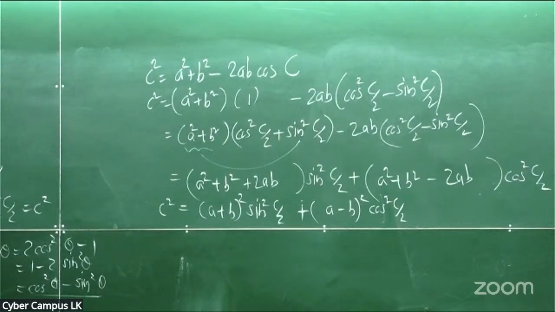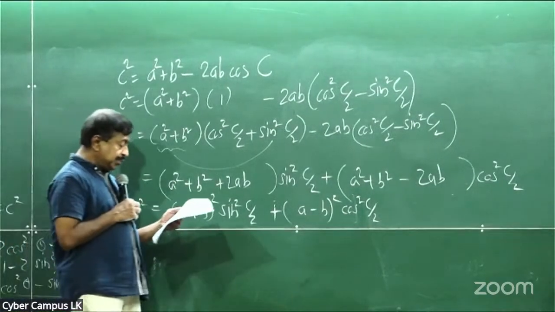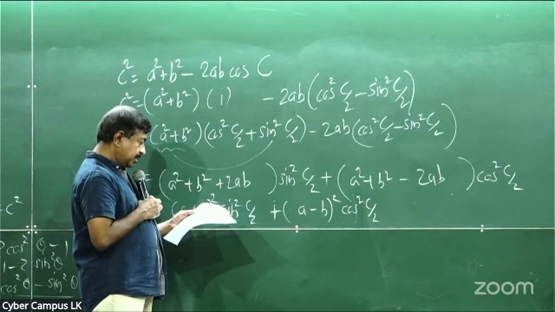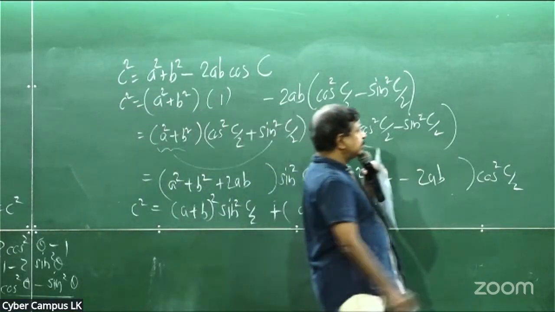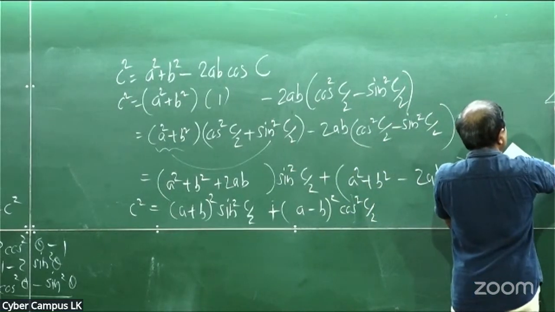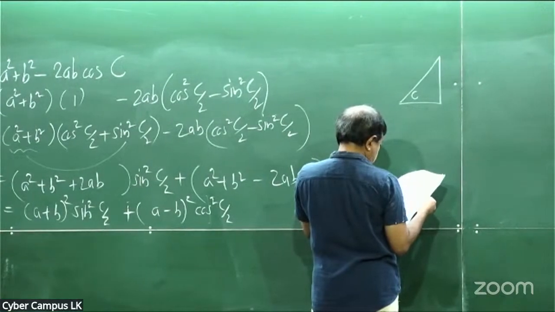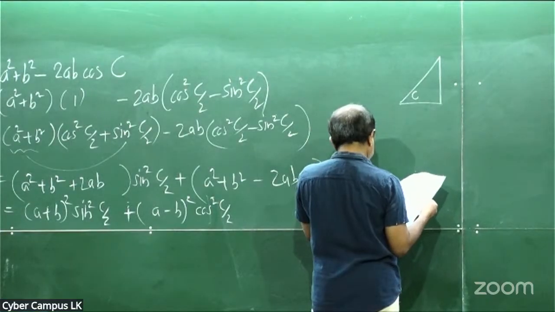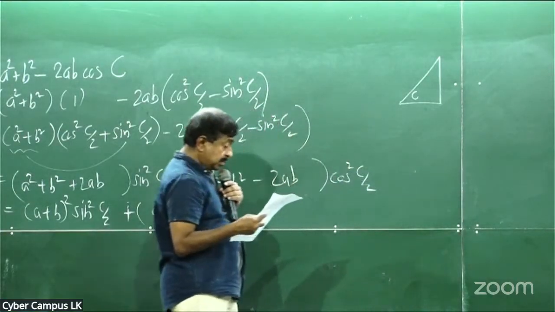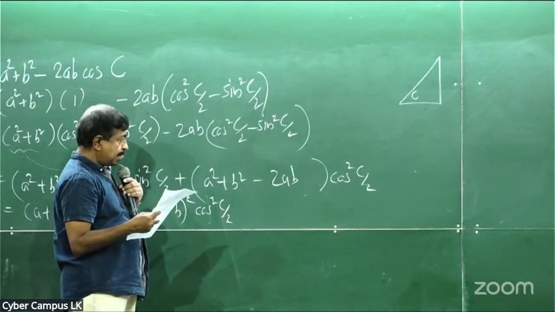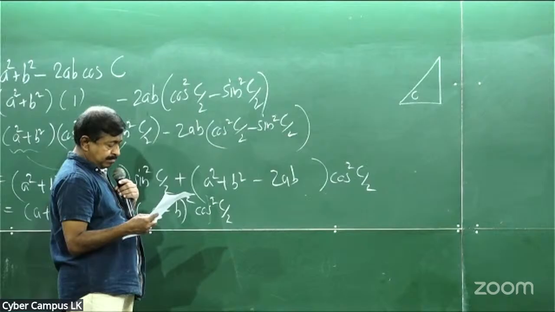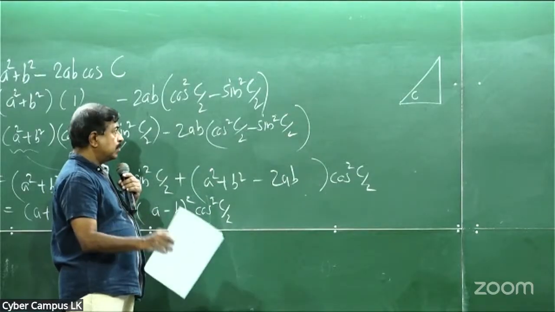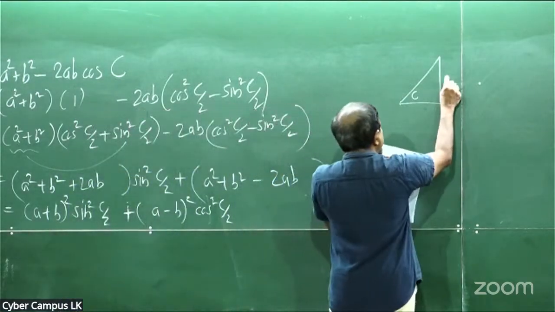Now you need to find something. When A is 10 and B is 5 and C is tan inverse half, find C and A. Oh, that's not a big deal. C is given as tan inverse half, so you need to find cosine and sine. Now tan C is half.